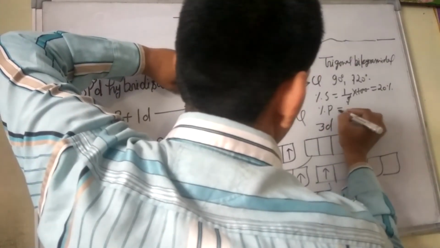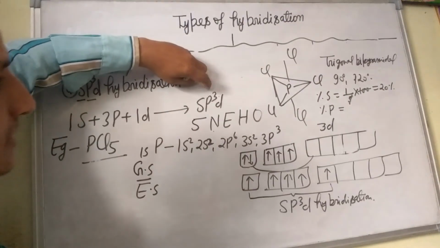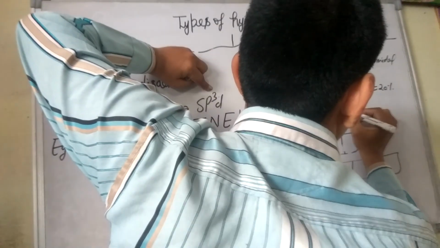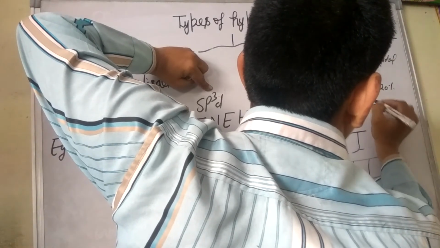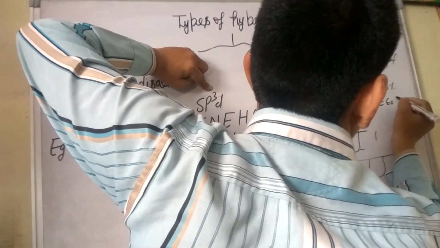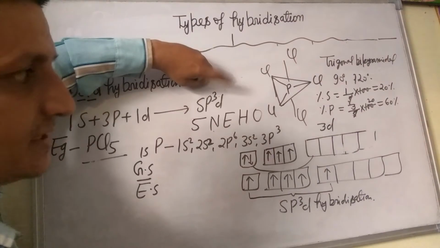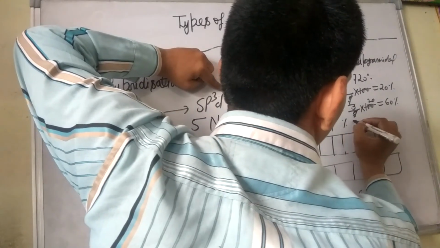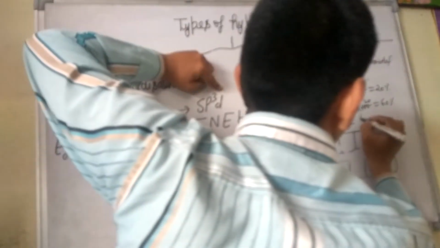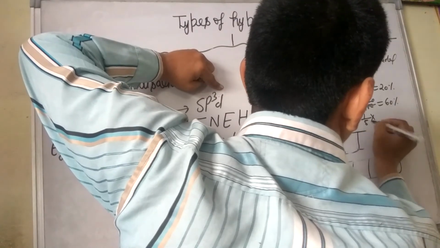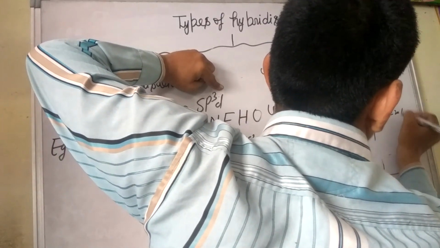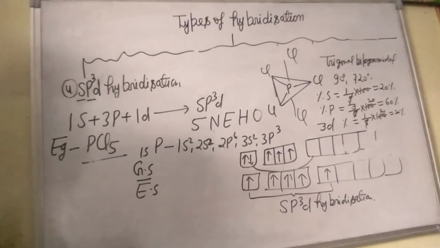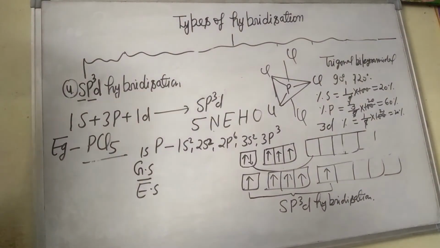After this, percentage p character: the number of p orbitals is 3, so 3 upon 5 into 100, 60%. After this, percentage d character, same: d orbital 1 upon total 5 into 100, we get 20%.